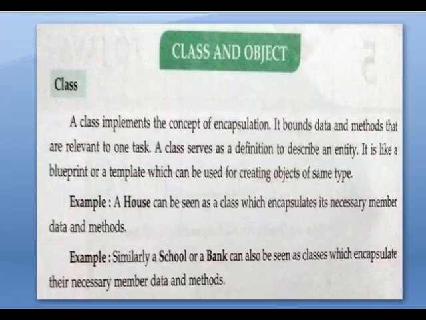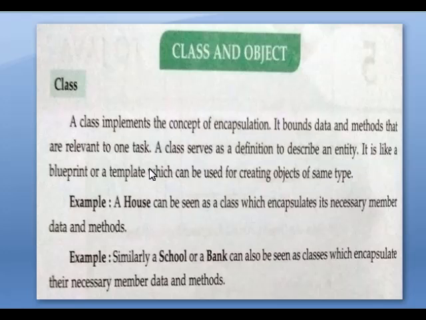Now we are going to see what is a class and what is called an object. First one is class. A class implements the concept of encapsulation. It bounds the data and methods that are relevant to one task. Class serves as a definition to describe an entity.